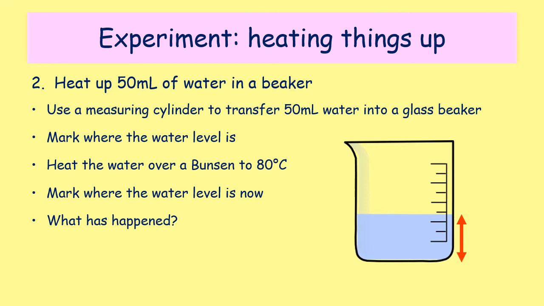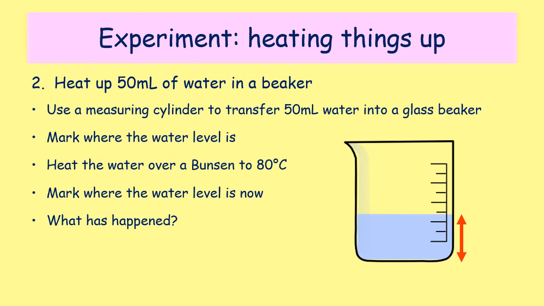If you're at home, you can modify this experiment in that if you've got a measuring jug or you've got a big glass, what you can do is fill that glass about halfway and just remember where you filled it.